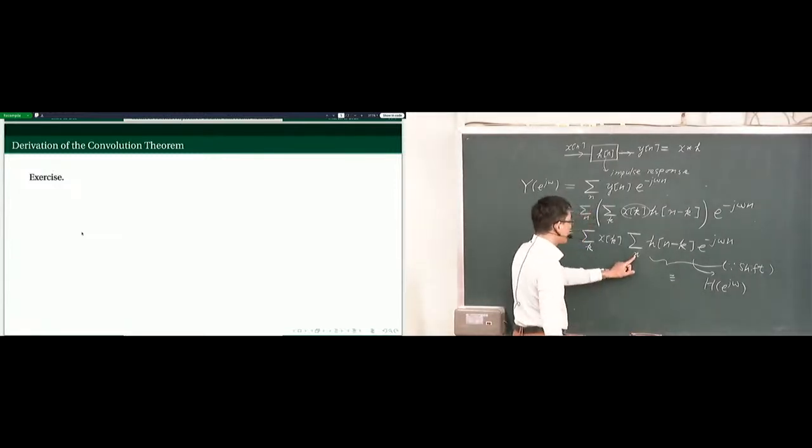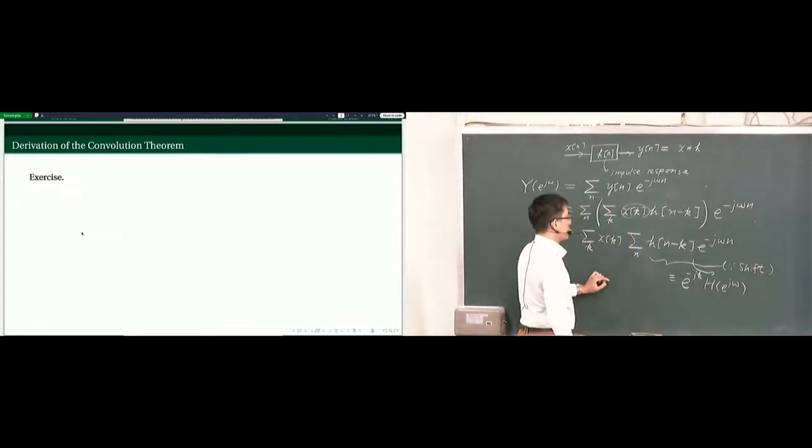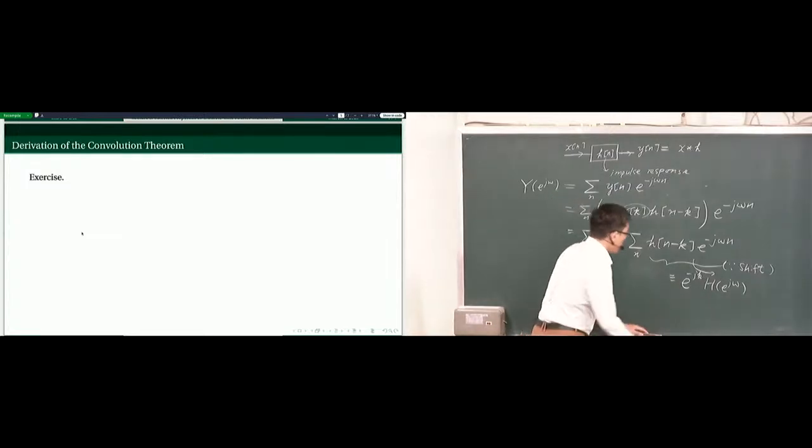As far as n is concerned, k is a fixed number. So here, e to the minus jωk.